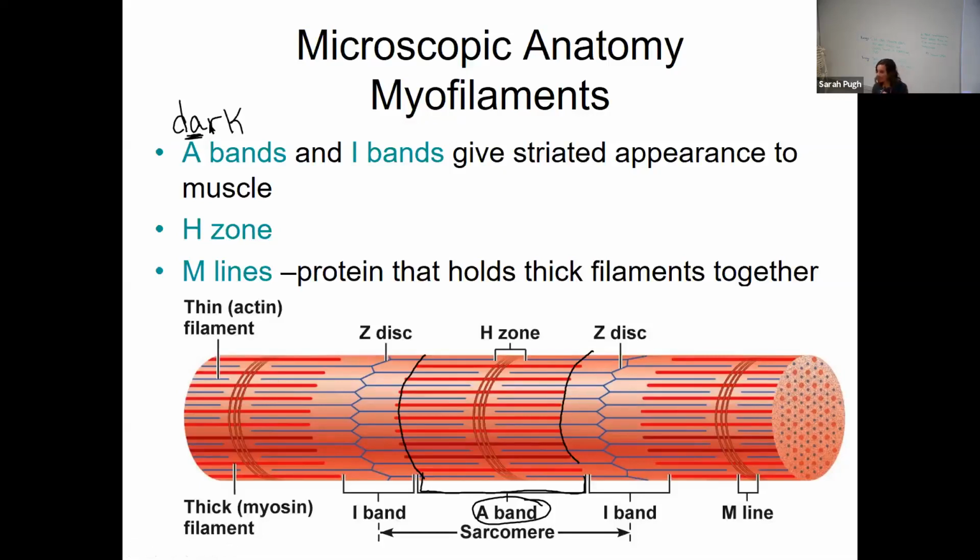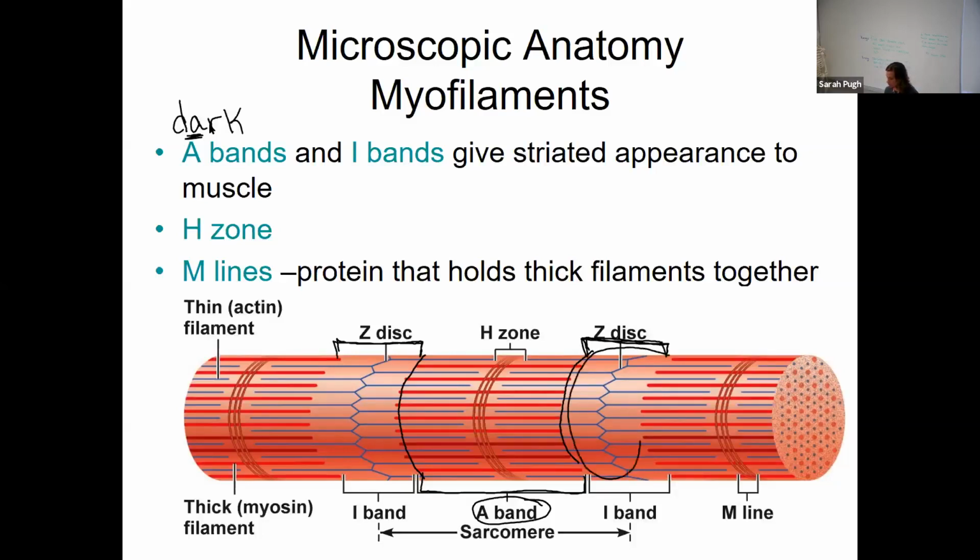If you think about it, this is an area in this sarcomere that has both thick and thin filaments in it. So under a microscope, because both of these filaments are found, it's going to have a darker appearance. The I bands are these regions, here and here, okay?